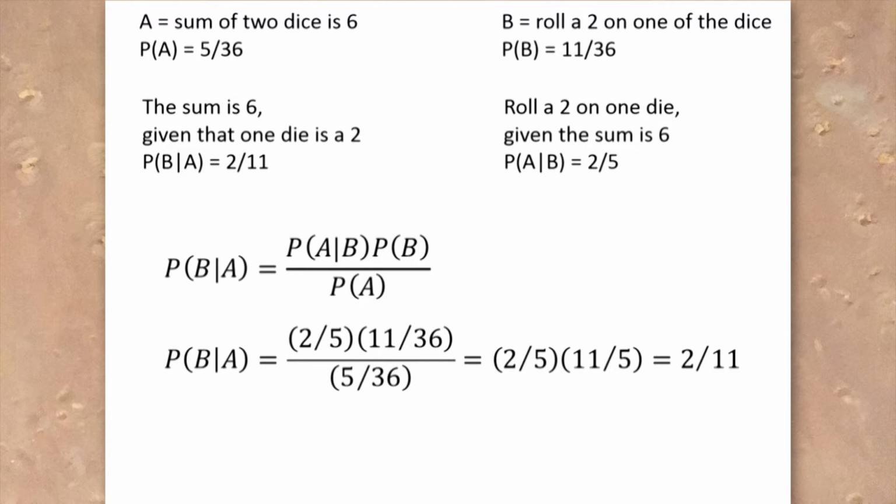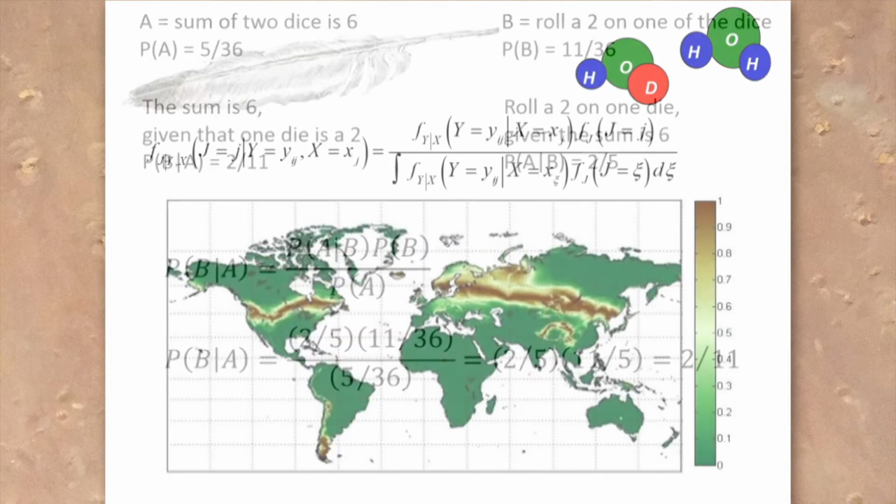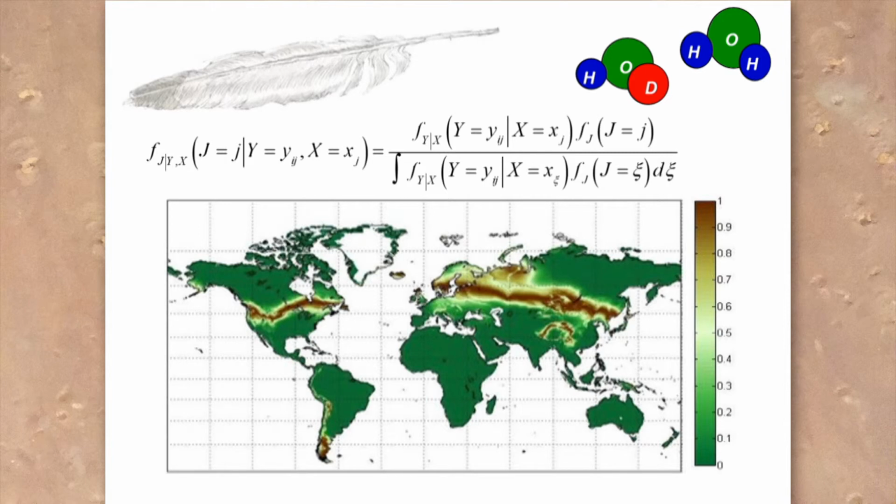So for example, if we plug in the numbers for probability of A, probability of B, and probability of A given B, we find that the probability of B given A can be computed numerically without having to look at the graphics of dice. The application of this principle to our feather assignment problem is just as simple.